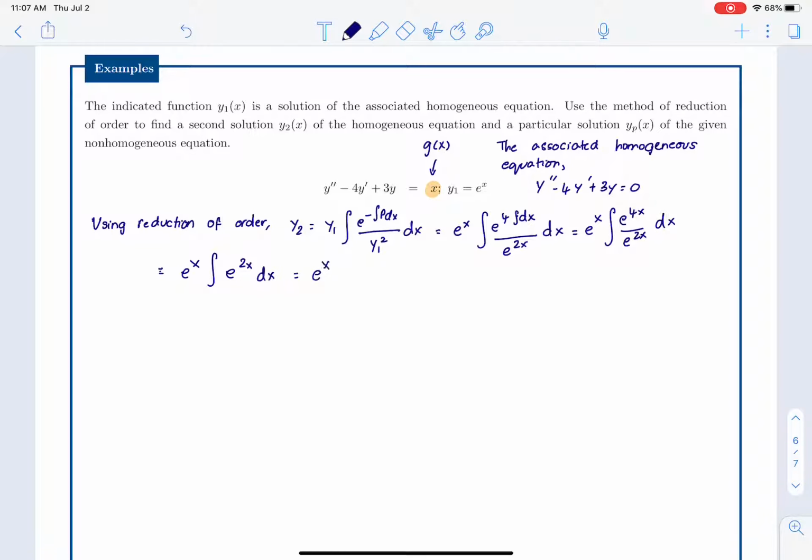When we integrate, we have e raised 2x divided by 2. We will get e raised 3x divided by 2.